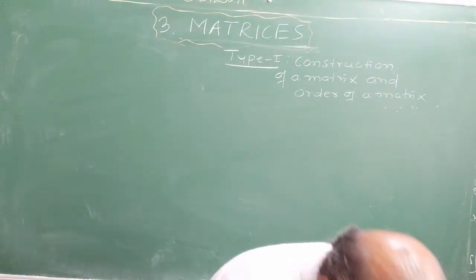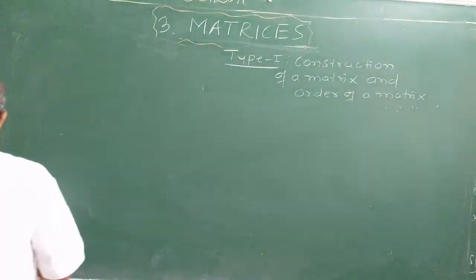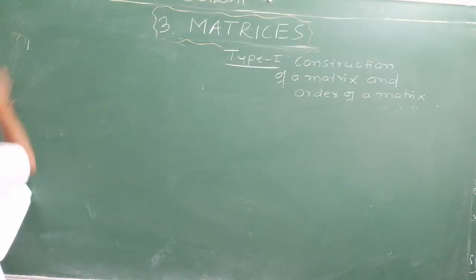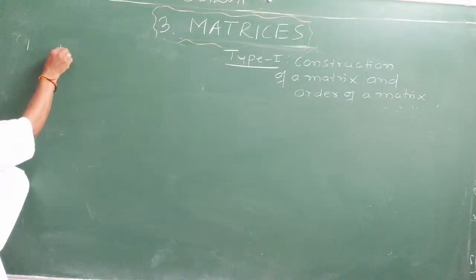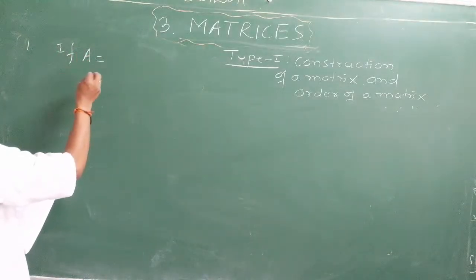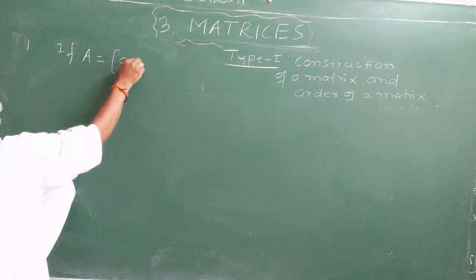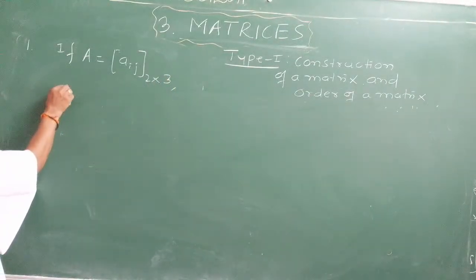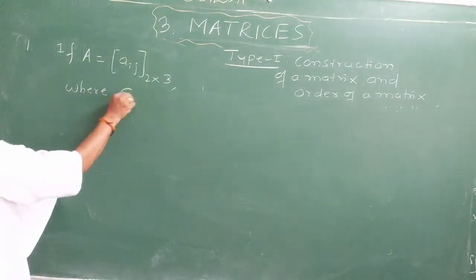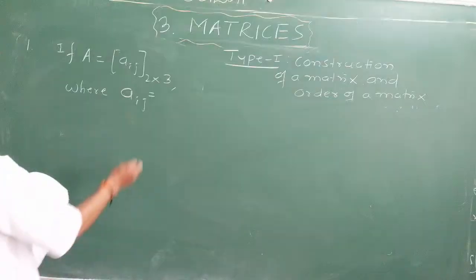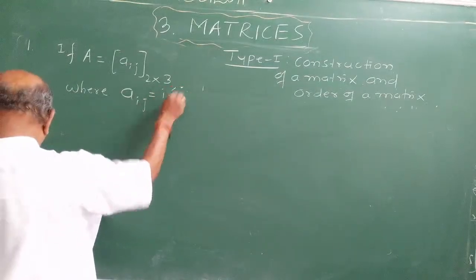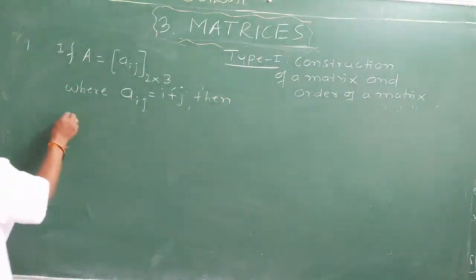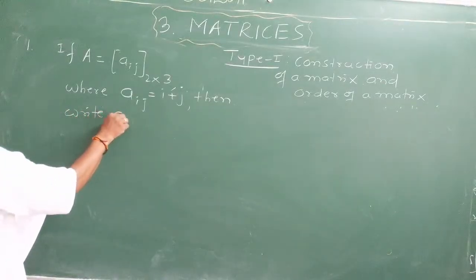Take this problem. Construct, if A is equal to Aij of order 2 by 3, where Aij is equal to i plus j, then write the matrix.